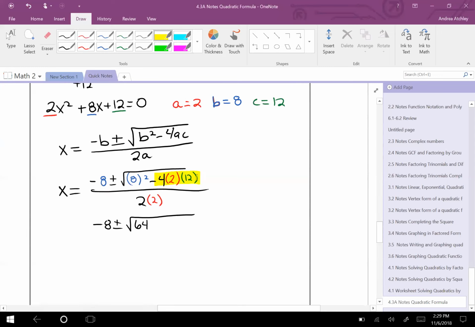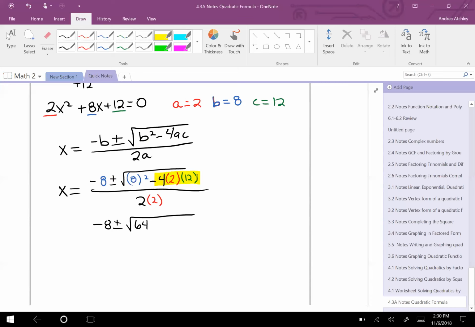Okay, then we need to make sure if that's a negative or a positive. Is that negative or positive? Okay, there's only one negative, so it stays negative. If there are 2 negatives, then it becomes positive.